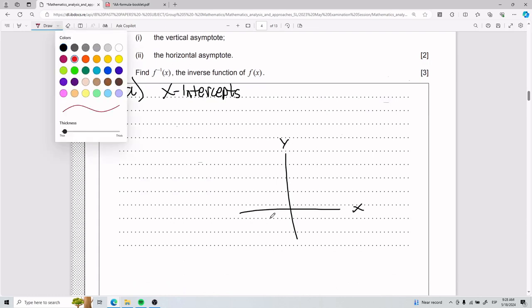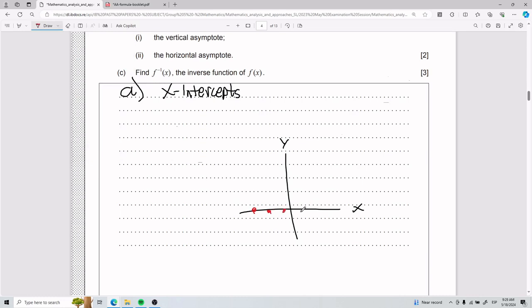All of these that I'm putting in red are x-intercepts. Now, what do all of these x, y's have in common? Without a doubt, because they are x-intercepts, they have y equals 0.